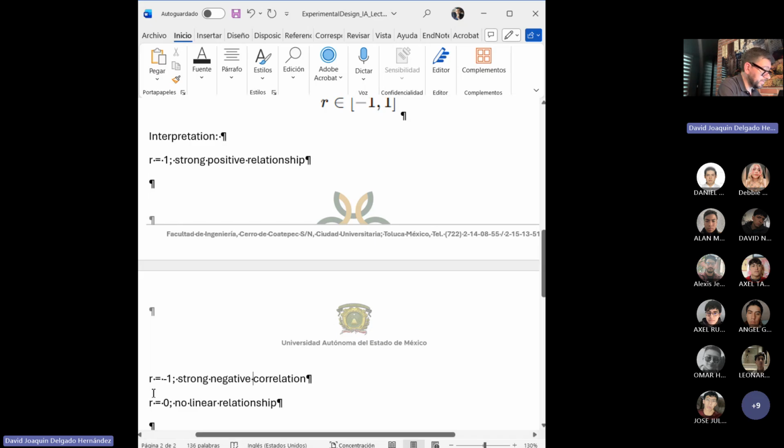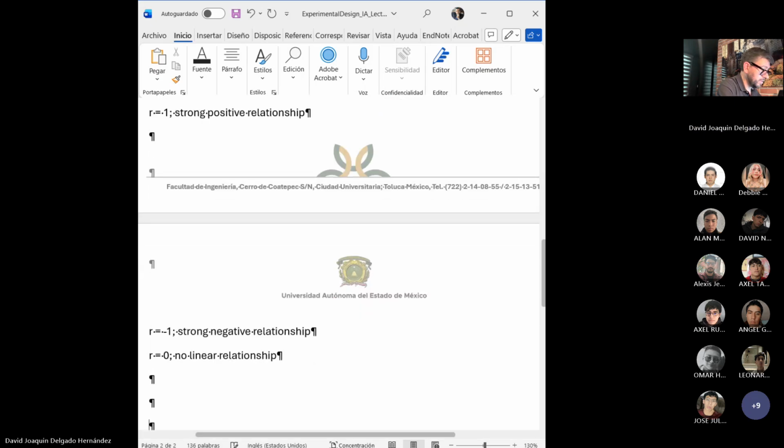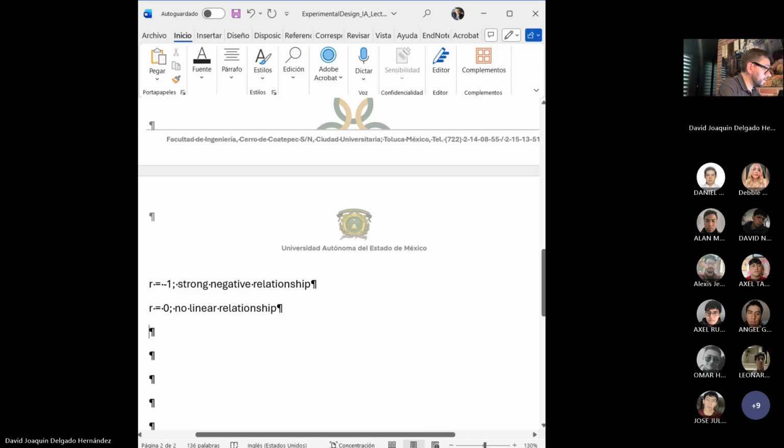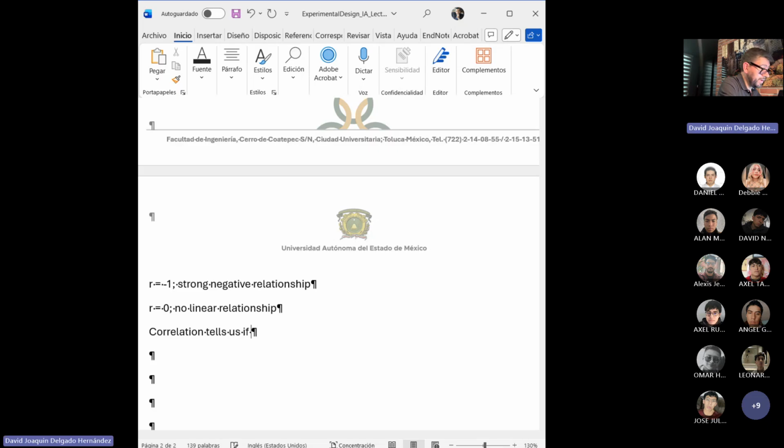Let us put the word relationship here. Okay. So correlation tells us if variables move together but it doesn't say why.